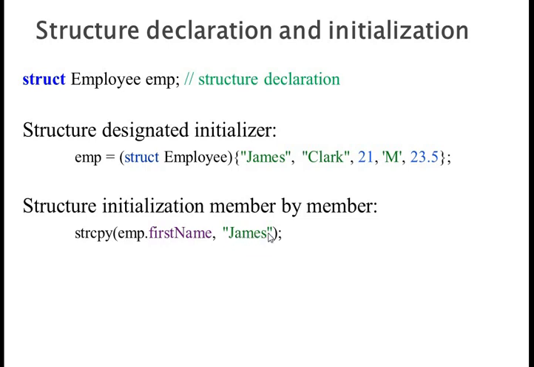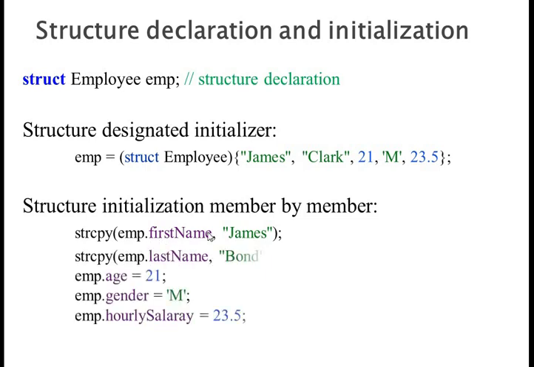So the source James will be copied to EMP.first_name. Now you can see this dot is used to access an element of the structure, EMP.first_name. After that, strcpy(EMP.last_name, "Bond"), and Bond will be saved to this last name, and similarly for EMP.age.